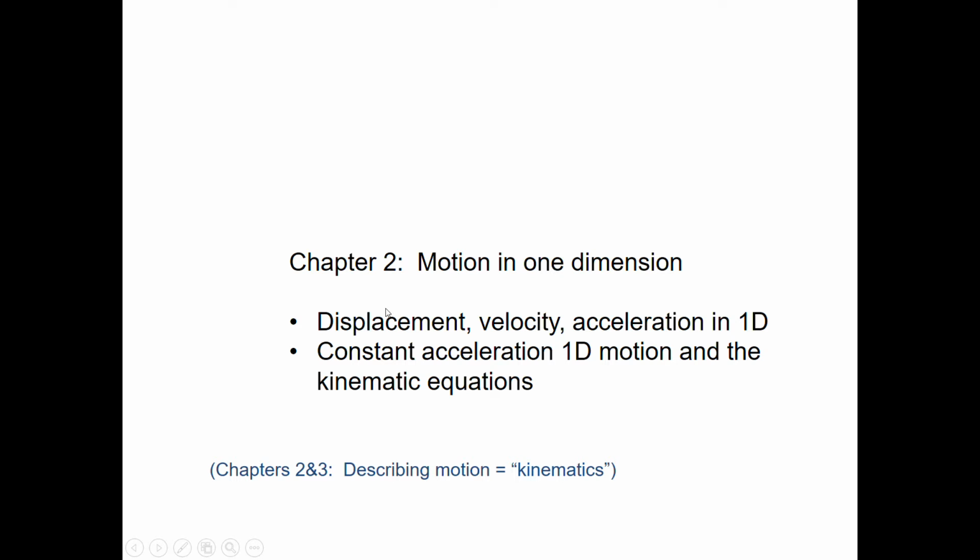And once we have the concepts of displacement, velocity, and acceleration, we're going to specialize to the case of what if something is moving with constant acceleration. We'll find out what acceleration means along the x-axis, and we can describe the motion very precisely in those cases and answer lots of different questions about it.